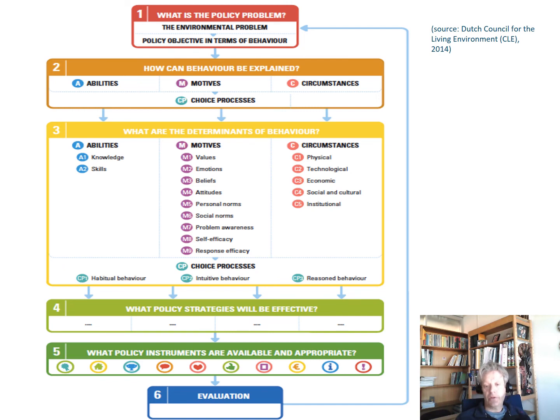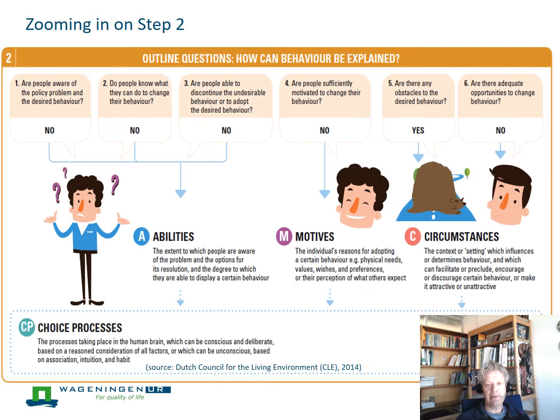Then think about the policy strategies that might be combined, that might be effective. Think about the specific tools you might want to employ to have that impact. And you might want to evaluate what tools have the most impact. You might evaluate your campaign in terms of effectiveness, and you may need to do a few rounds of redesigning the campaign or the strategies and the tools that you used before you finalize them.